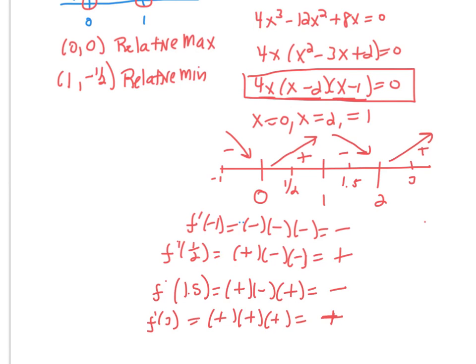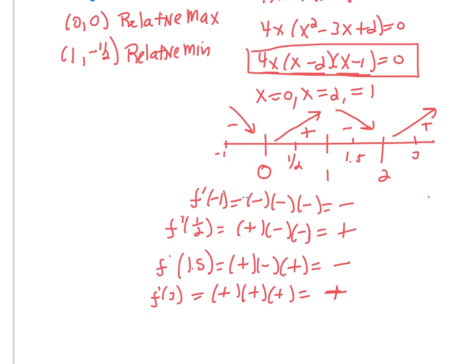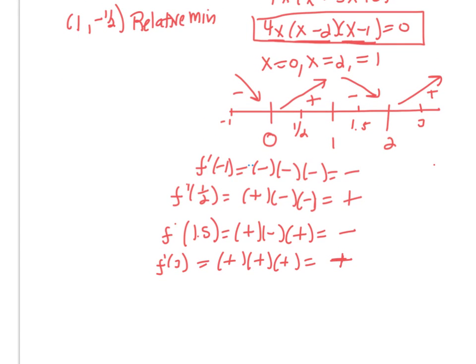Finally, we have to determine the relative max and min in here. There are 2 places where it changes from negative to positive. So if you check that out right here at 0, we're going from decreasing to increasing. And over here at positive 2, we're also going from decreasing to increasing.